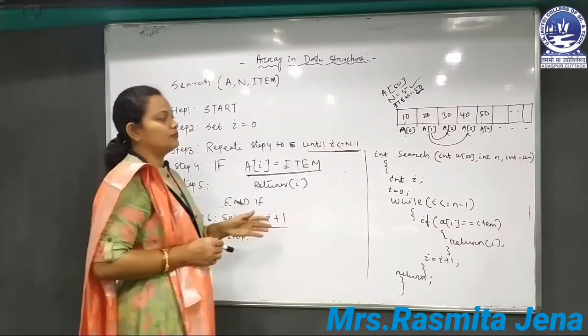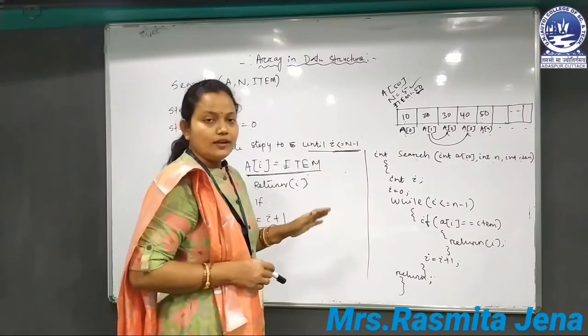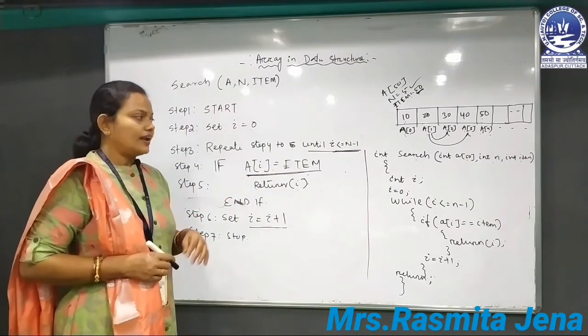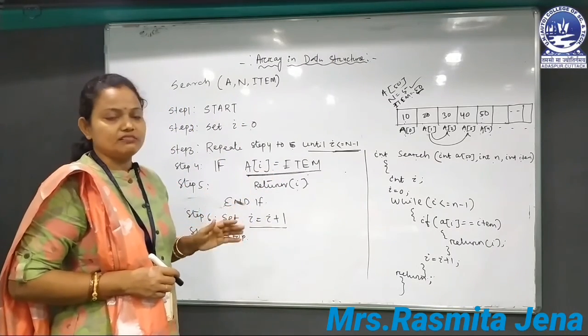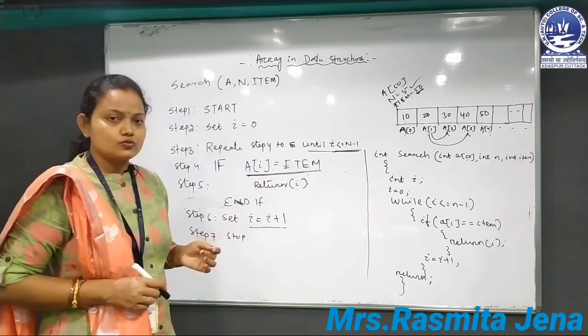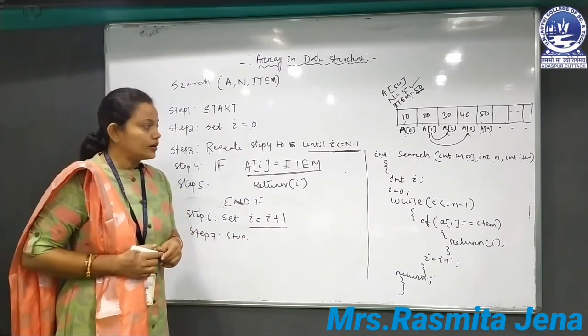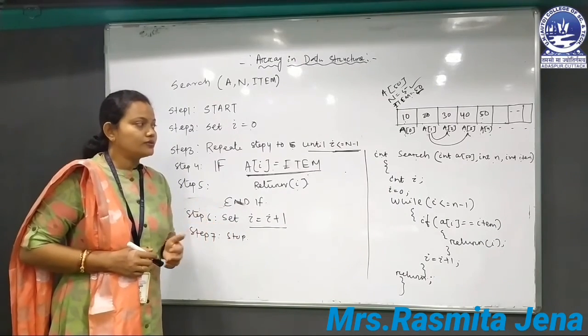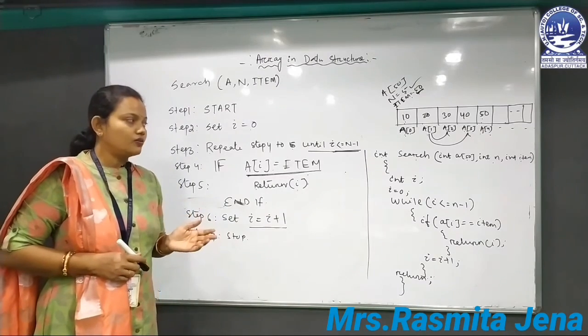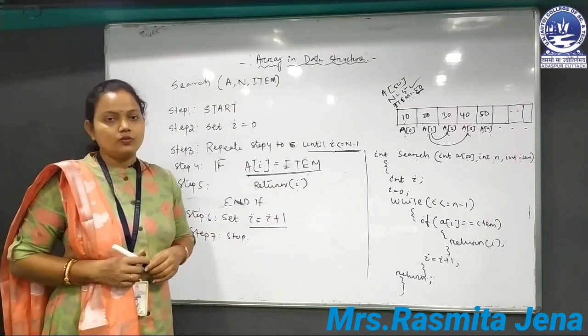Then this is the implementation of searching, this is the algorithm and this is the function implementation, and in the same way you can implement this function into a program for practical use. Hope students, you get knowledge of how we can search an element in an existing array, and this is all about your searching algorithm. Thank you, have a nice day.